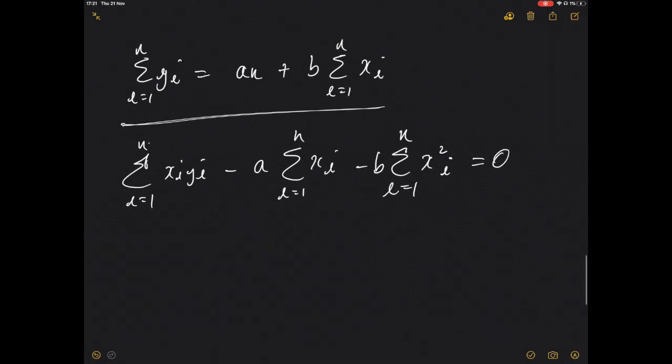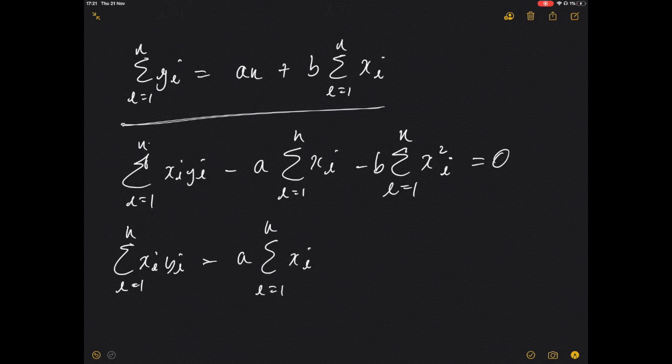We can then multiply this out to get it in terms of y. We actually have an x here, so it'd still be in terms of y. So we have our summation of xi yi, i equals 1 to n, equals A sigma i equals 1 to n xi plus b sigma i equals 1 to n xi squared.